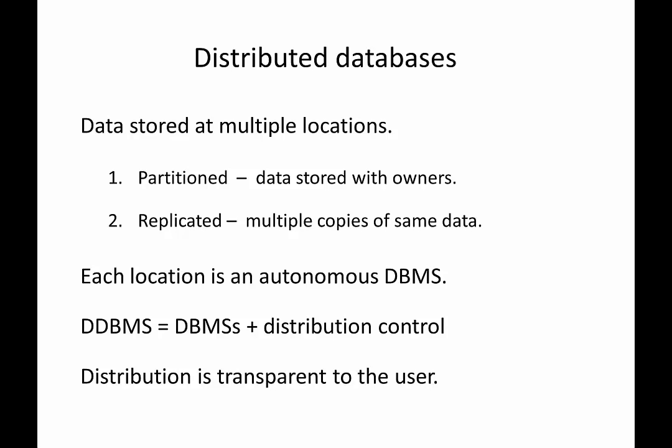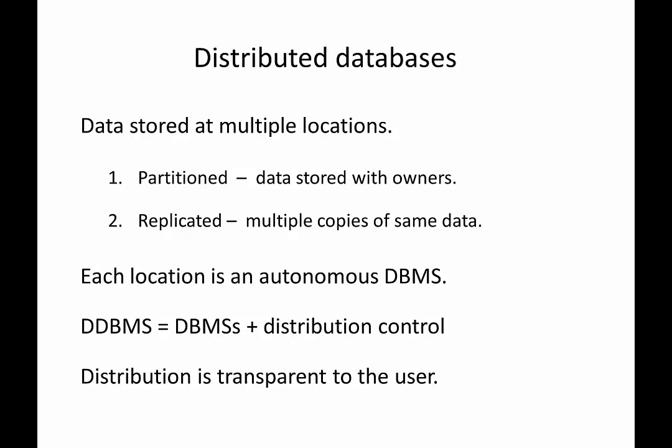In a partitioned database, different data is stored in different places, whereas in a replicated database, all or some of the data is stored in multiple locations. So one is different data in different places, brought together. The other is multiple versions of the same data across different machines and locations.